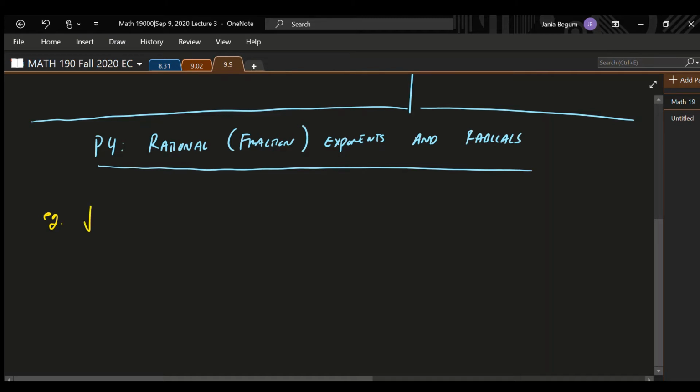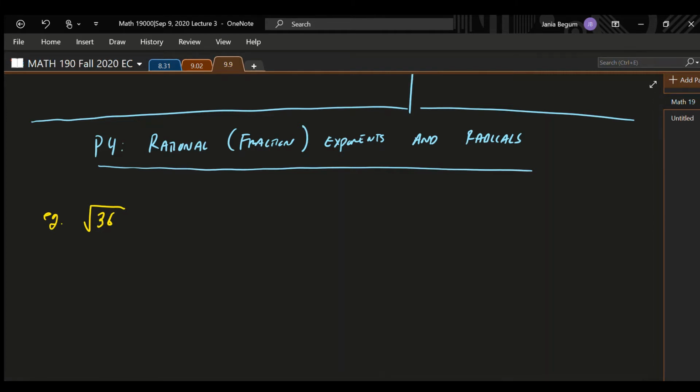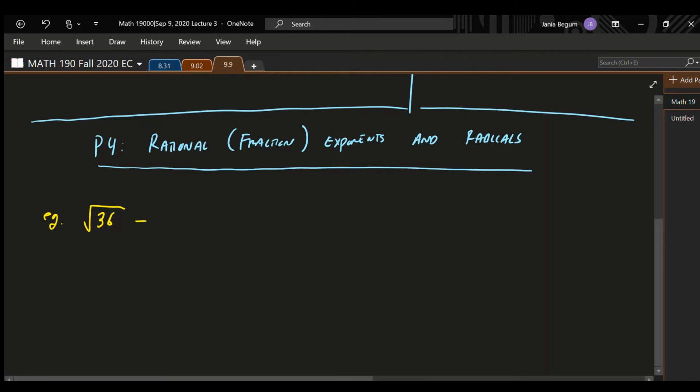You want to take a square root of 36. That's a radical, right? Now, usually for a square root, we don't write the 2 in there. It's understood it's a square root. And what we do, we can rewrite this as an exponential form. So we write it as 36 to the power 1/2.